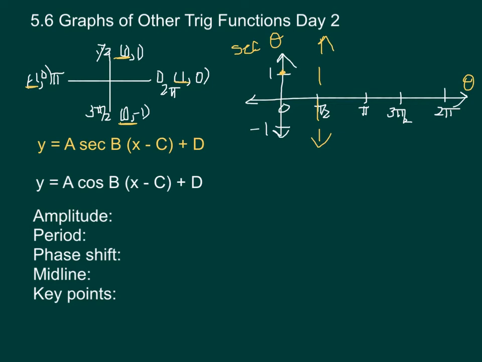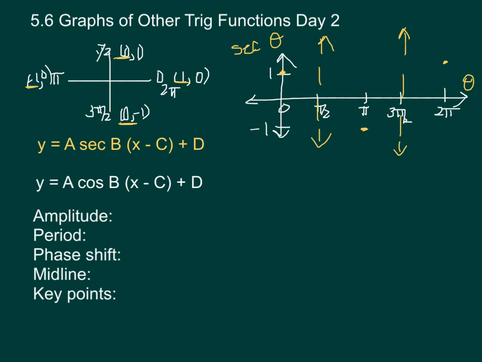At pi, cosine is -1, and if you do the reciprocal, it's still -1. At 3 pi over 2, cosine is 0, and if you do the reciprocal, it's undefined. And at 2 pi, cosine is 1. If you do the reciprocal, it's still 1.